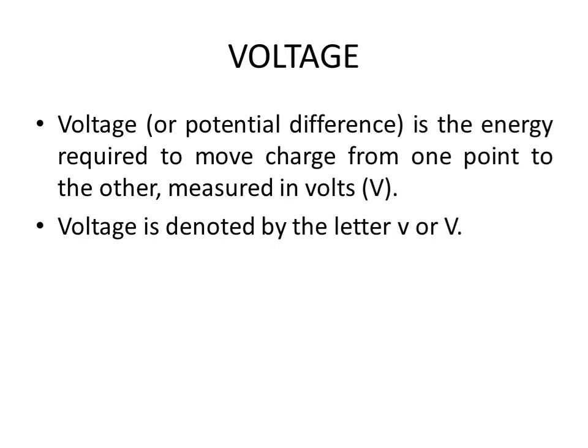Electric circuit theory. And next, one more definition we have is voltage, or sometimes we call it potential difference. Let me explain it clearly. Charge moving in an electric circuit gives rise to a current, right?